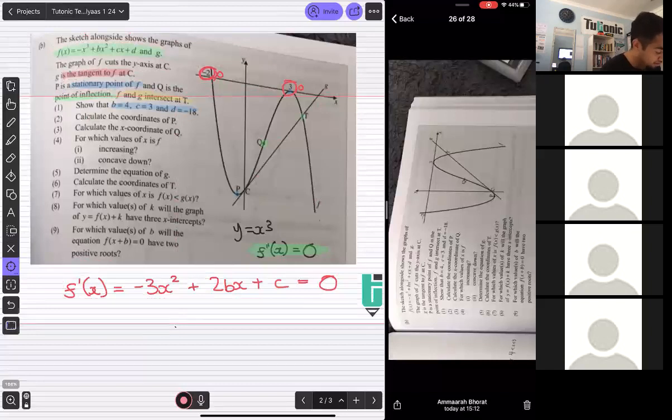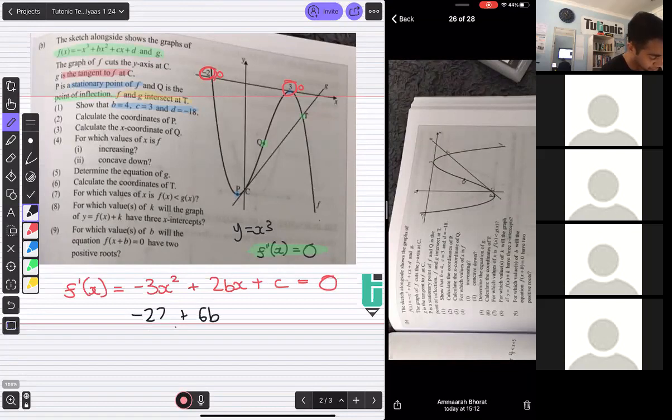And we are saying that the derivative is equal to naught where? At 3, when x is 3. So what we would do is sub in x to be 3. Minus 3 times 9, which is minus 27, plus 2b times 3, which is 6b, plus c, equals naught.